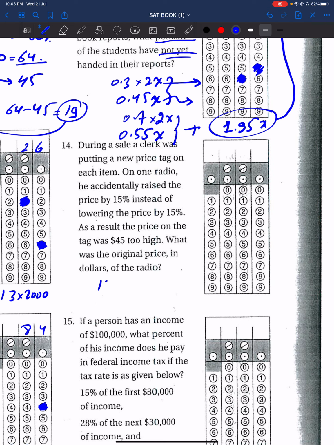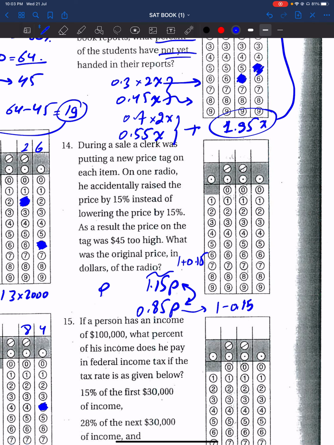Let's say p is the price of the original tag. The radio was priced at 1.15p instead of 0.85p. Now why is it 1.15? Because it's 1 plus 0.15, or 15%, and this is 1 minus 0.15.